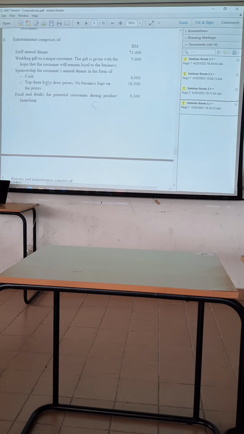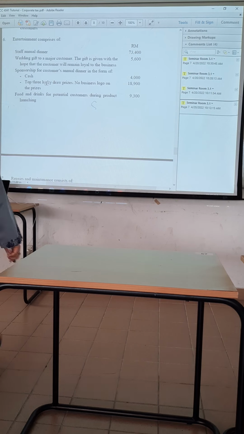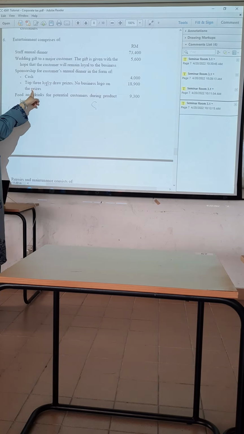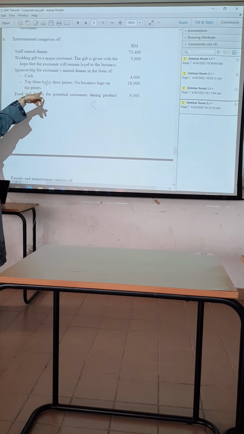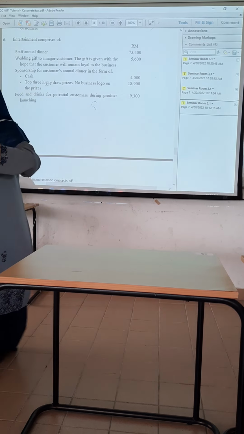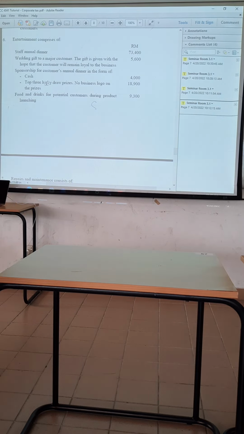Alright. Annual dinner here is not allowed because it's the annual dinner of the clients. Right, but this one, is it allowed? No business logo on the prizes. If there is a logo it's definitely 100% allowed. But if there is no logo, I'm not sure whether it's 50% or. Okay, you can give without business logo, allow 50%.